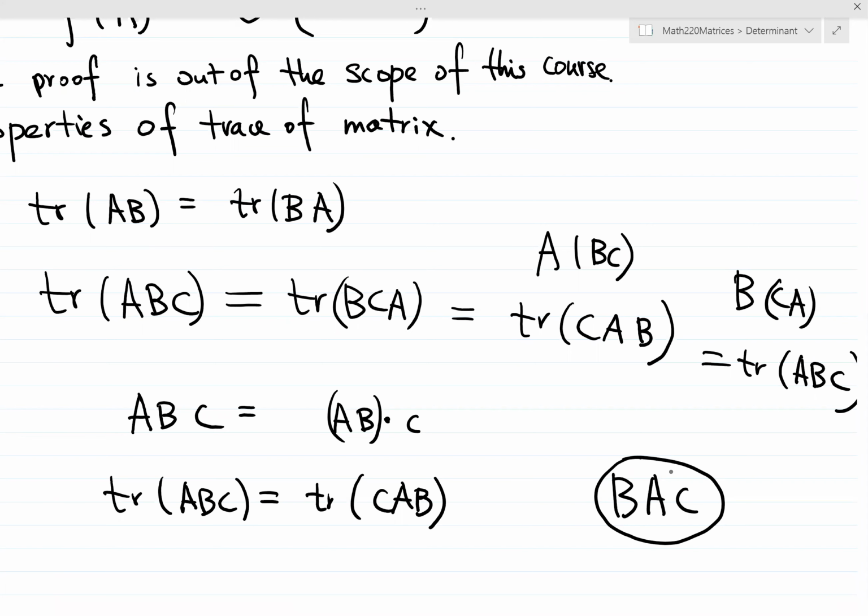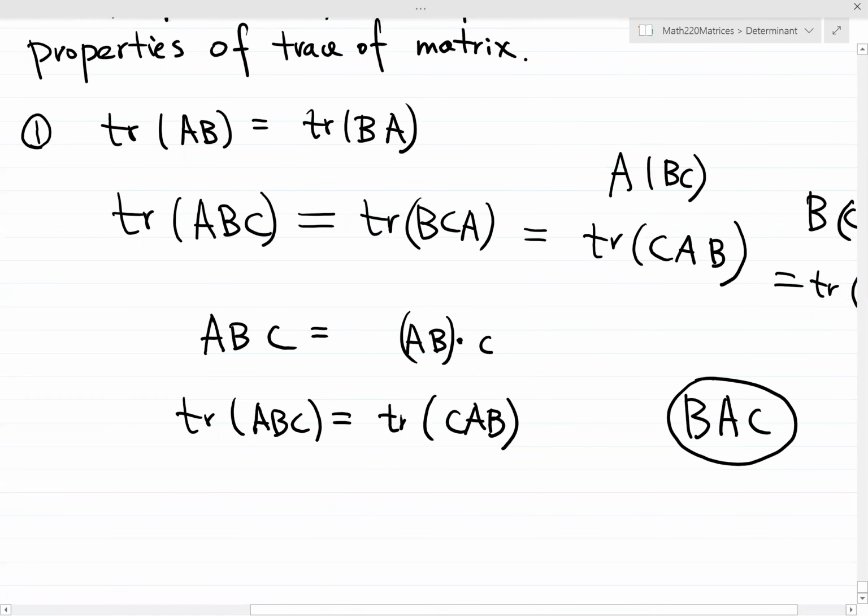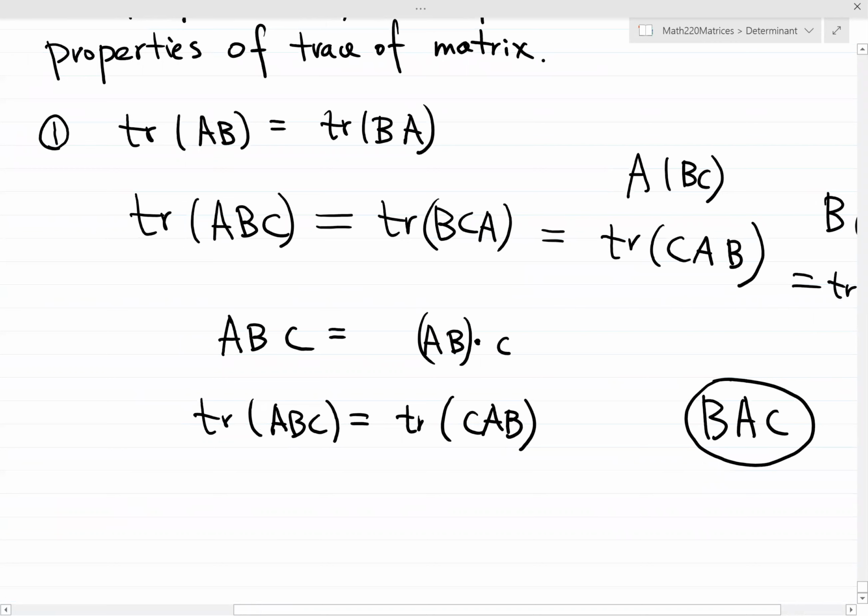So for 3 matrices, you don't get arbitrary order. Some orders are not there. Be careful, it doesn't mean the trace is totally commutative. This is really tricky. Now we prove it.